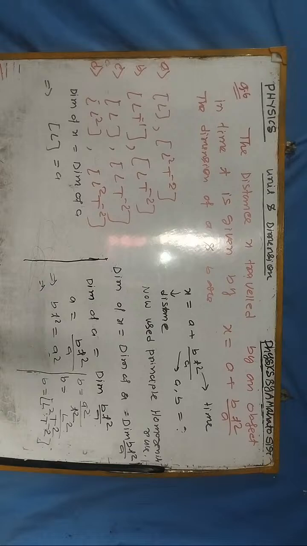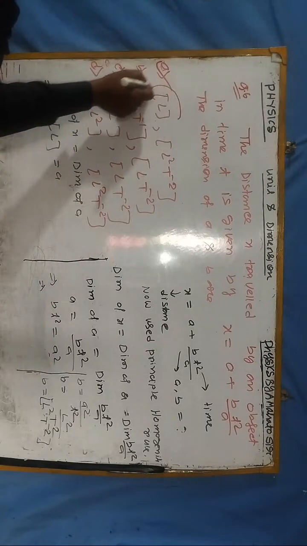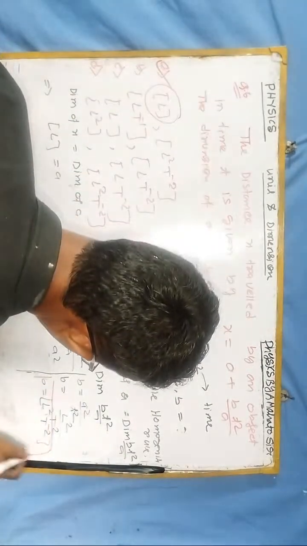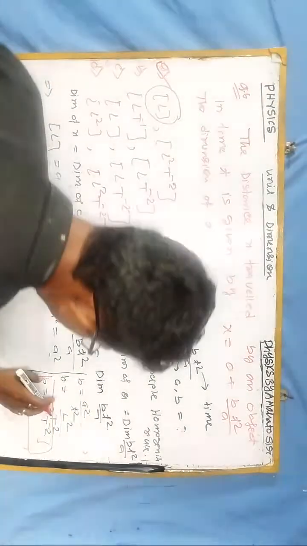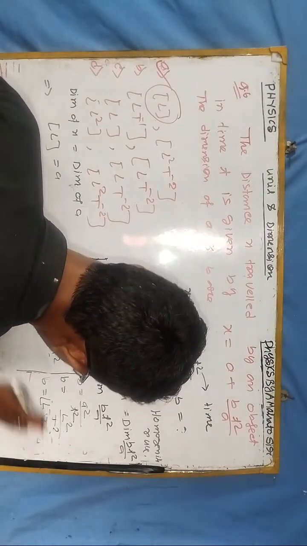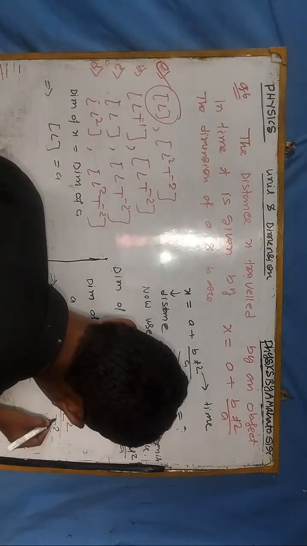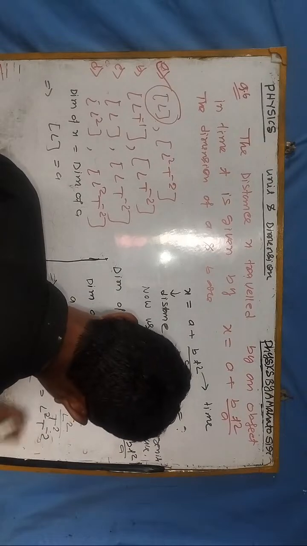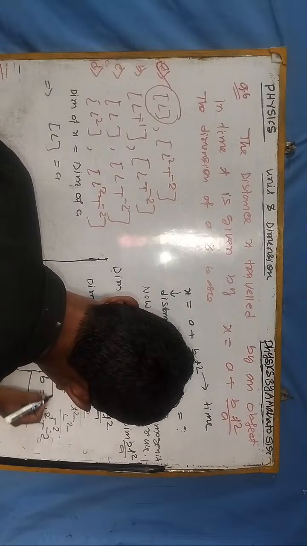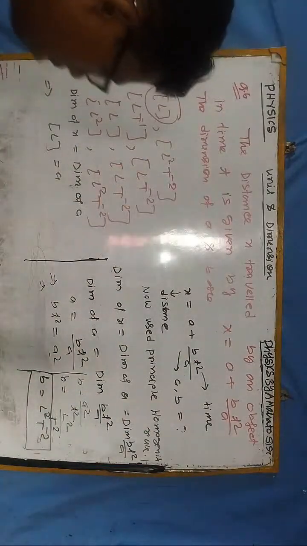Dimension of a is L. Here option A is right, because a dimension is L and b dimension is L square t minus 2.